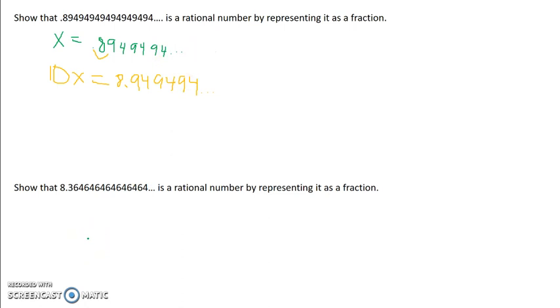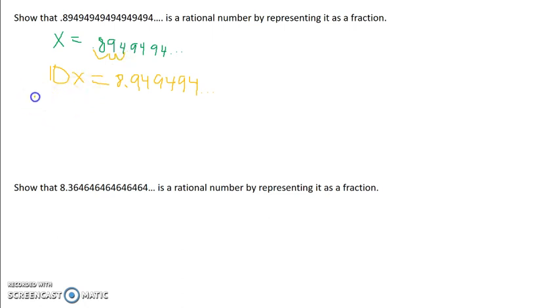All right. So now I need to write an equation where one of the repetends will be in front of the decimal. So if I go up to the top one, I need for 94 to be in front of the decimal. So that means I'm going to have to move the decimal point 1, 2, 3 spaces, right?